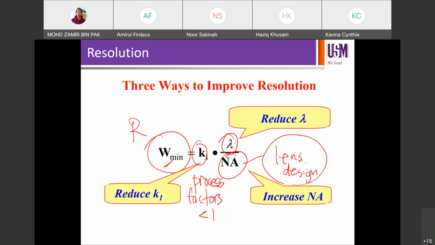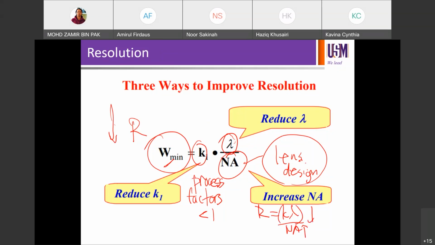So three ways to improve resolution. If you look at this equation, if you want to go to lower R, then it's very obvious, isn't it? Kalau kita nak lower the R, so that means we need to lower the numerator and increase the denominator, right? So in this case, R is K lambda over NA. So you want to reduce the product of K lambda and you want to increase NA.